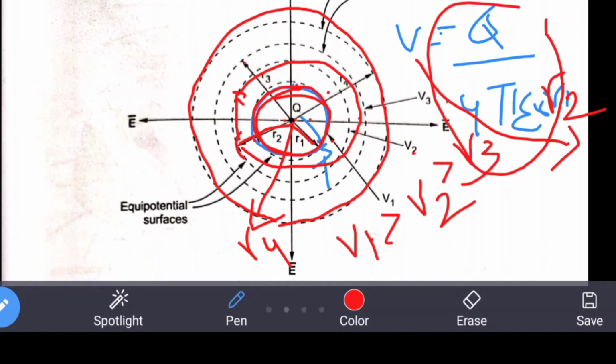As we move away from the charge, the electric field E decreases, hence potential of the equipotential surface goes on decreasing, while the electric field goes on increasing as we move against the direction of electric field, while the potential of the equipotential surface goes on increasing as we move against the direction of electric field.